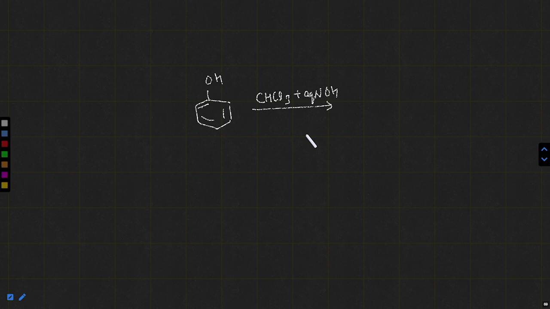This is a name reaction, right? This is a name reaction in which we treat our phenol with aqueous NaOH and chloroform. So what will be the reaction?